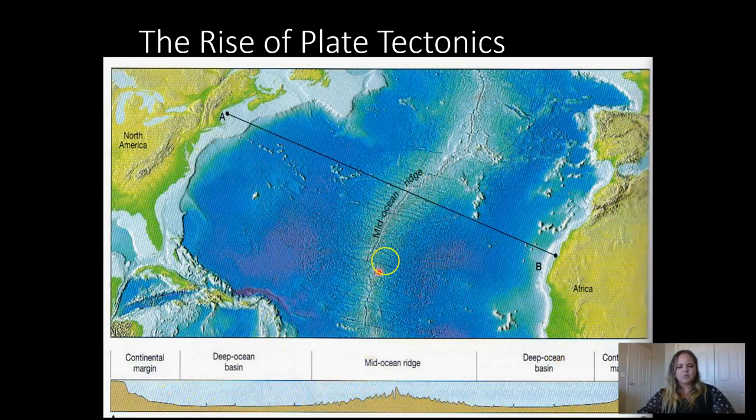But then once they got towards the center, they noticed that the sound waves were coming back faster, which means that it's a higher topography and you're no longer at a low point. So that's where the mid-ocean ridge was found. And then there's another deep ocean basin before you get over to the coast of Africa. Okay, so it revealed that right in the center of the ocean, there's this very large ridge, still submerged beneath water, but there's this ridge down below the ocean.